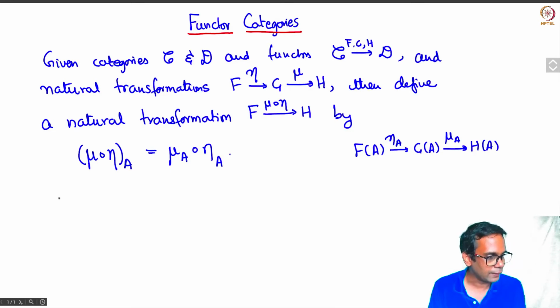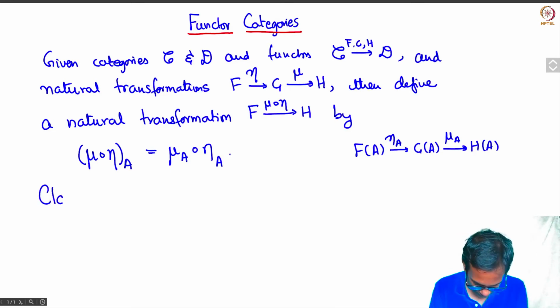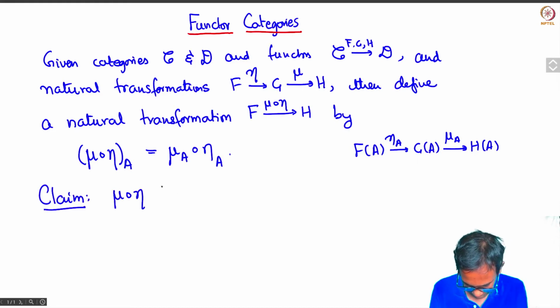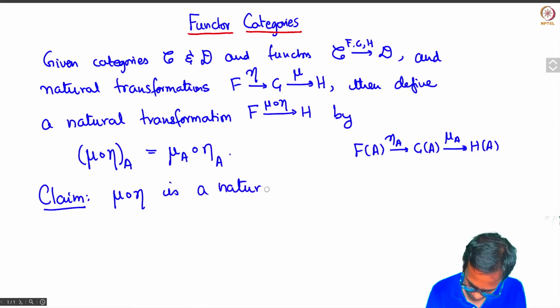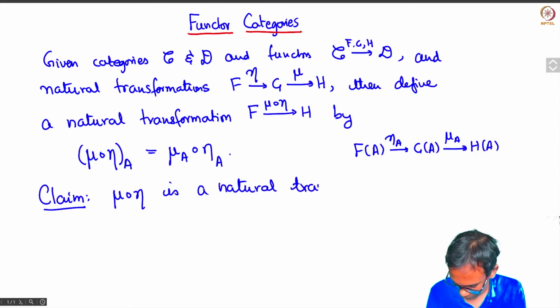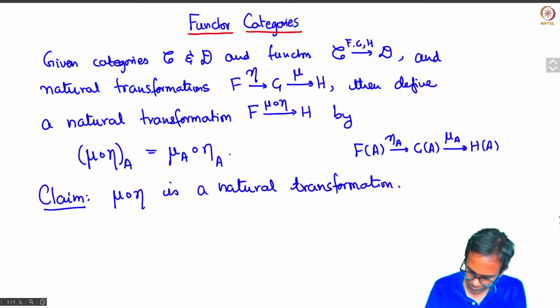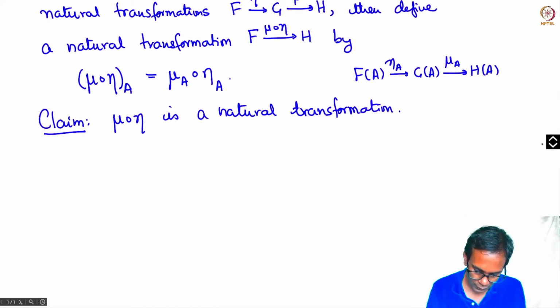So how do we check that? So the claim is that mu circle eta is a natural transformation. We'll use the fact that mu is a natural transformation and eta is a natural transformation.